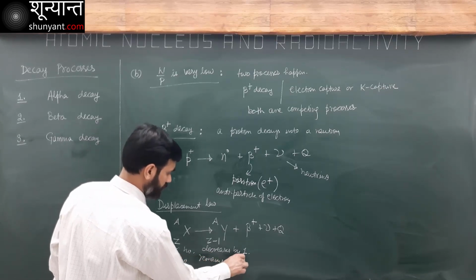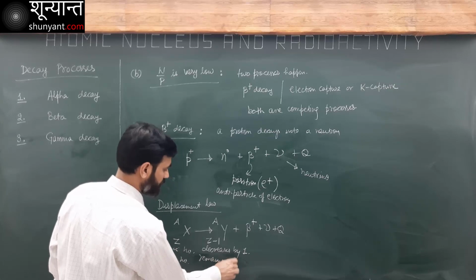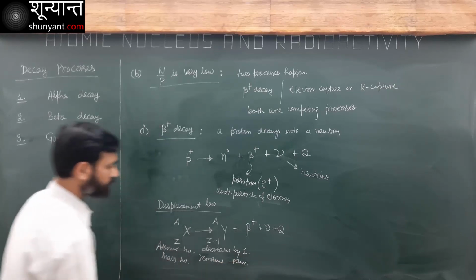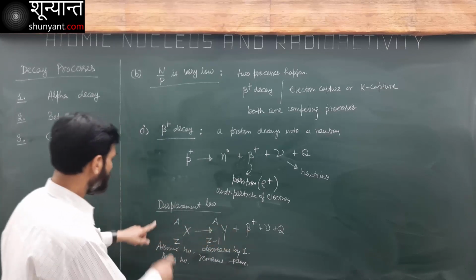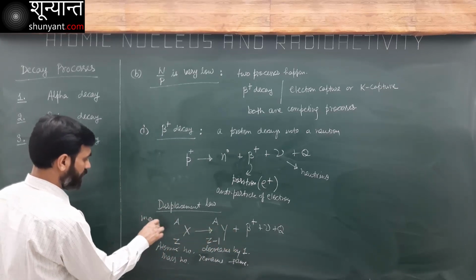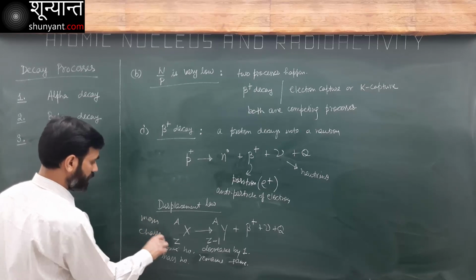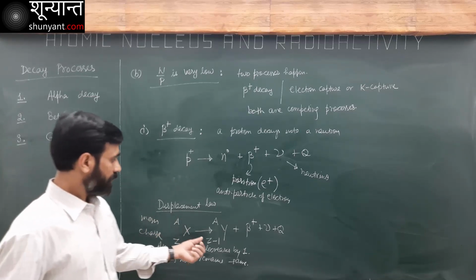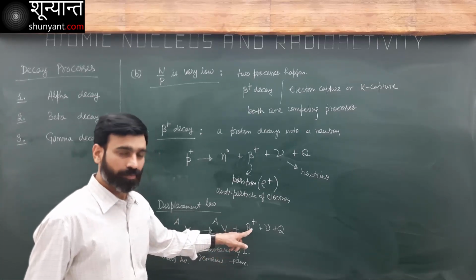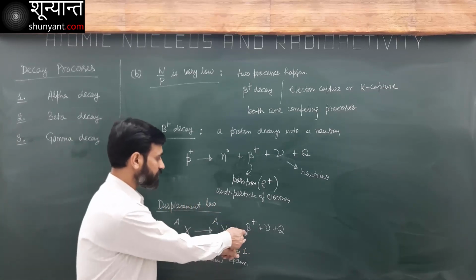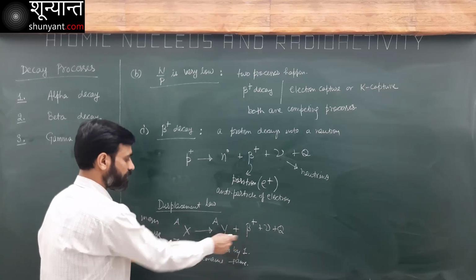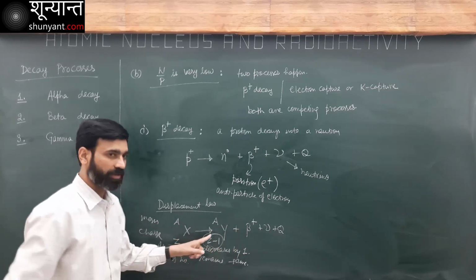You can also do it this way: if you balance the mass and charge here, this charge is Z. Here the charge is plus 1, for the positron, plus E, plus 1. So if you balance the charge, then it should be Z minus 1 here.